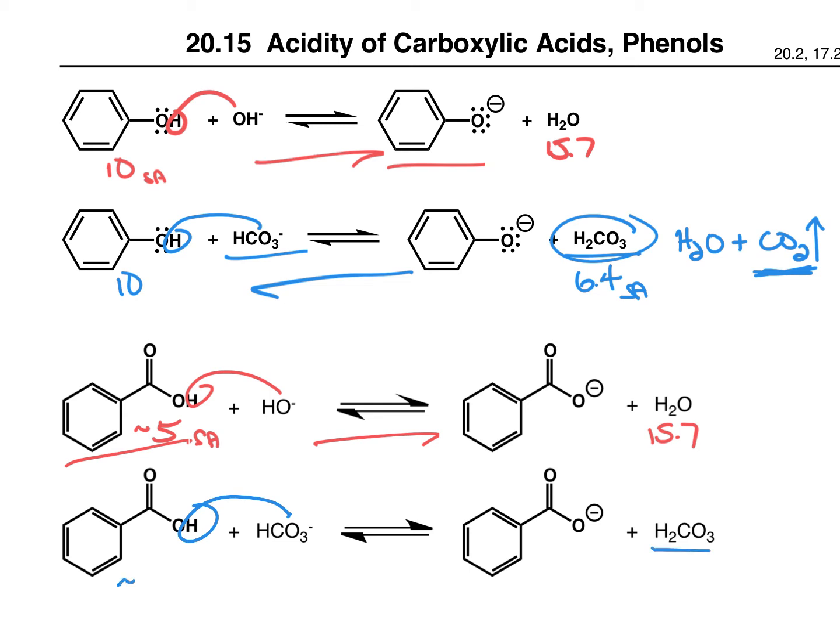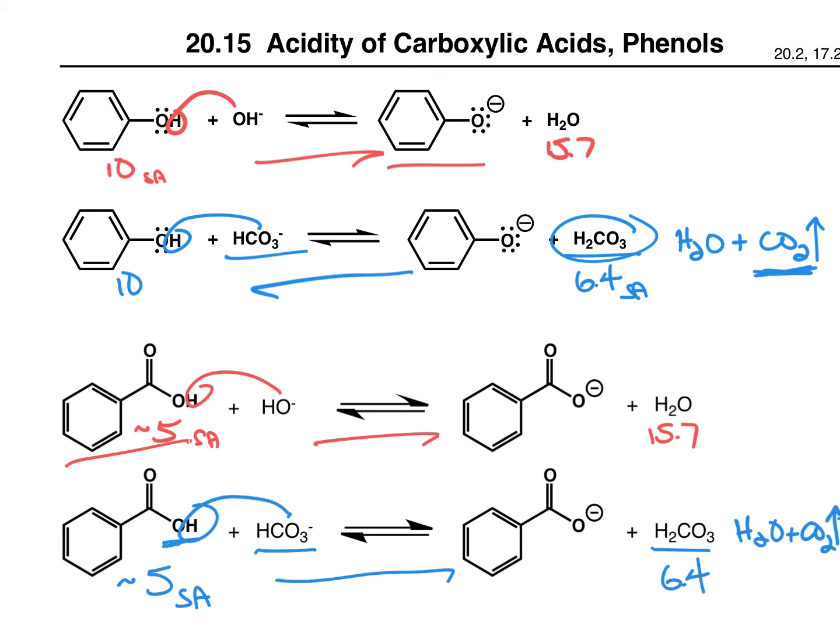Now we have a pKa of about 5 compared to a pKa of 6.4. So this one is the stronger acid, and so equilibrium lies to the right. Which means in the presence of a carboxylic acid reacting with bicarbonate, you will see a lot of CO2 bubbles being produced.